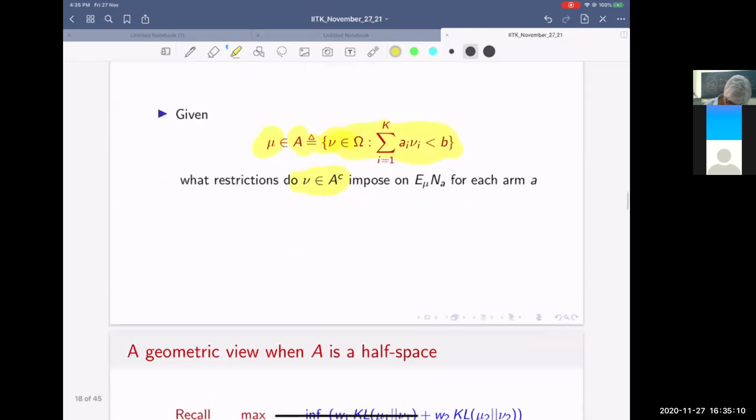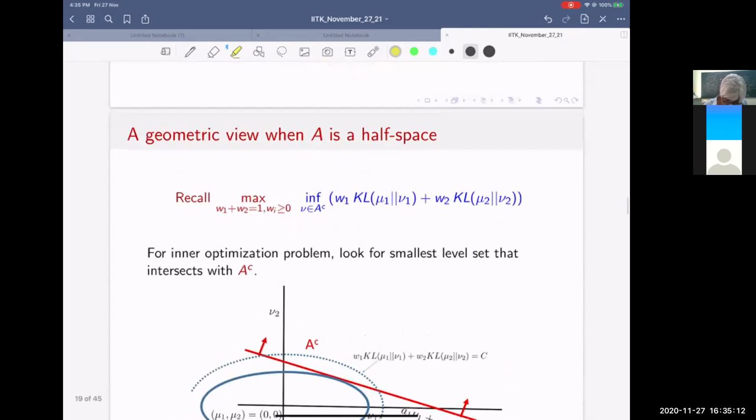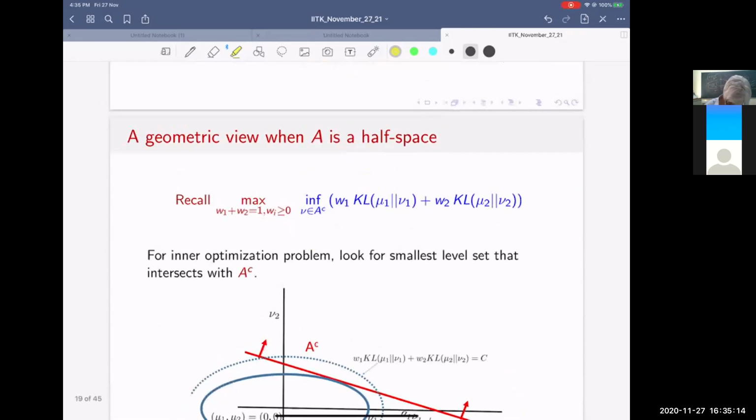So let's move on. Okay, so let's just keep everything in 2 dimensions. So this is our min-max problem. So let's understand this problem first. It's always good to have a picture to kind of clarify things.